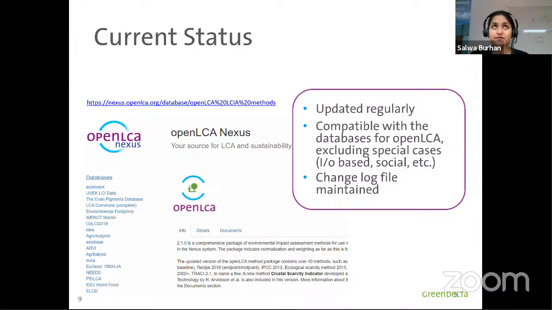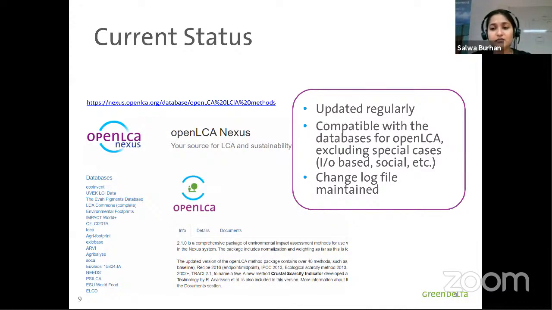So far, we have had these for 2.0.4 to 2.0.5 and then 2.0.5 to 2.1.0. This is one way that we have been keeping our methods updated if there are any changes in the characterization factors, or if more elementary flows are added in some methods and impact categories.